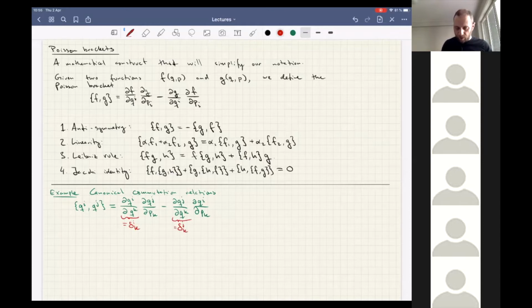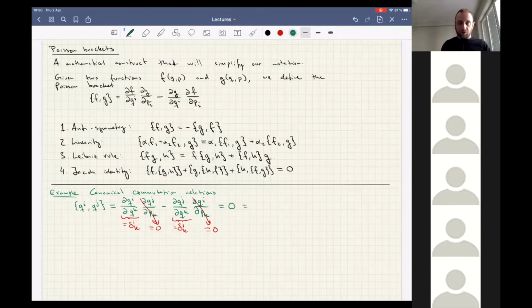However, in phase space, the generalized coordinates are independent of the momenta. So this term is equal to 0, and this term is equal to 0. So we end up with a 0.